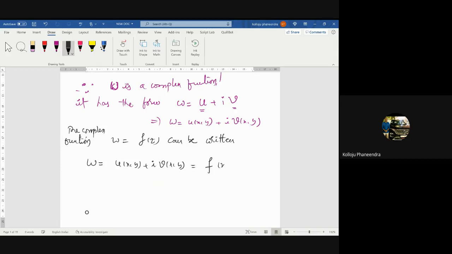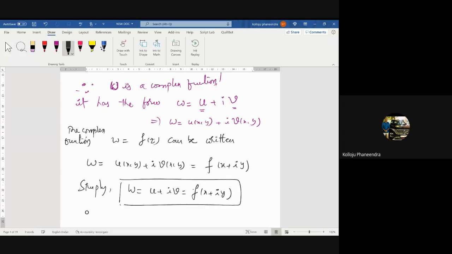What is f of z? F of x plus iy. Simply one can write this as u plus iv equal to function of x plus iy. This is the complex function explicit form.